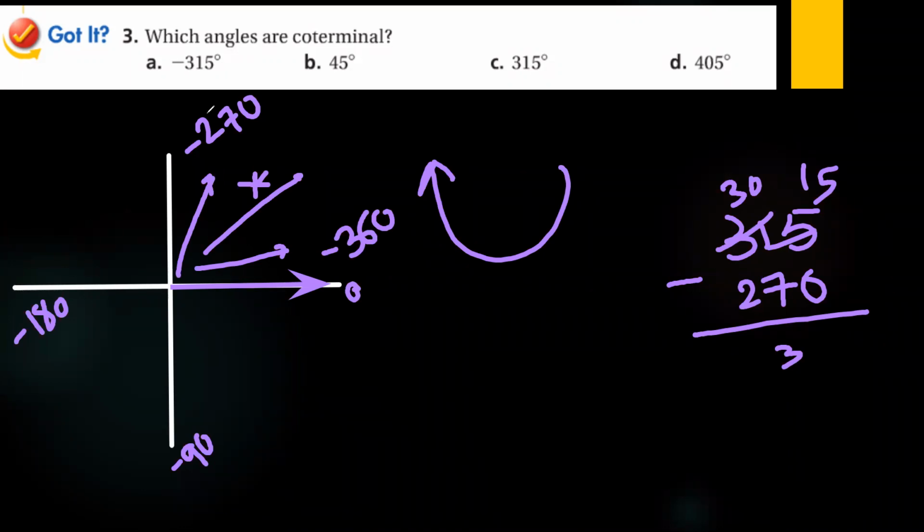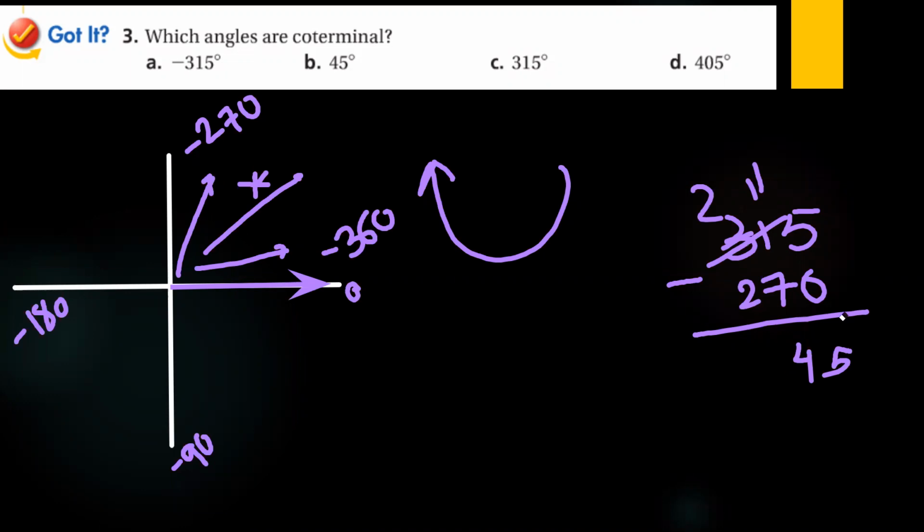Teacher, I added them, then divided them by 2. Yes, this is a way. Now I want to see where 315 is.